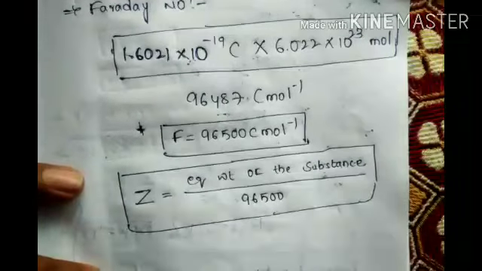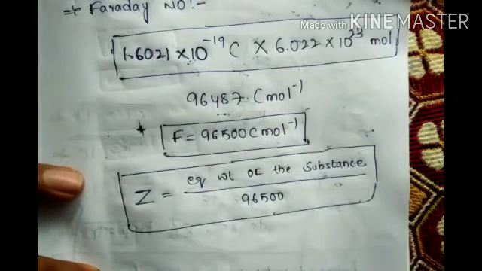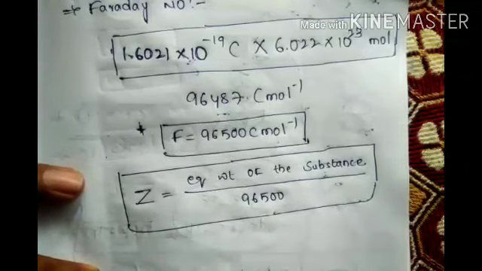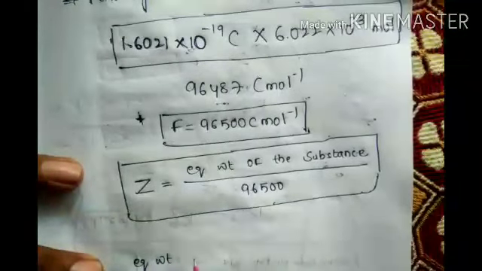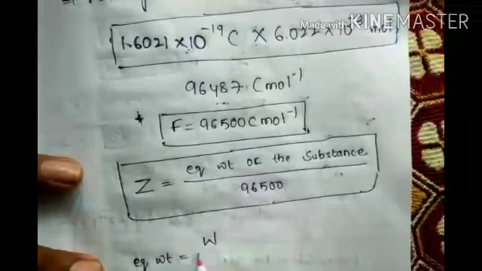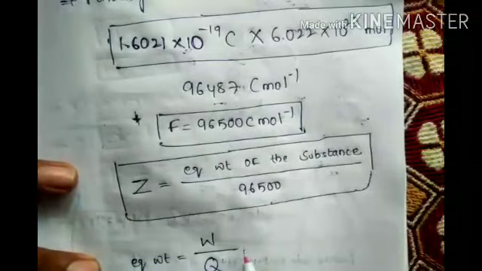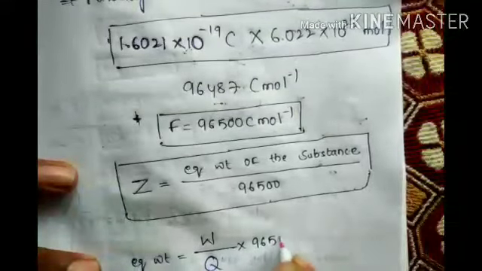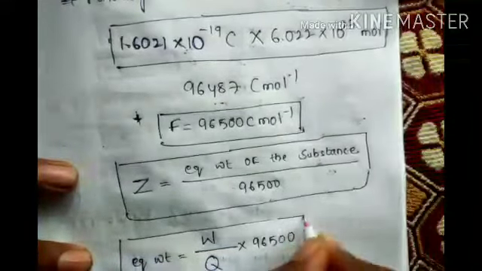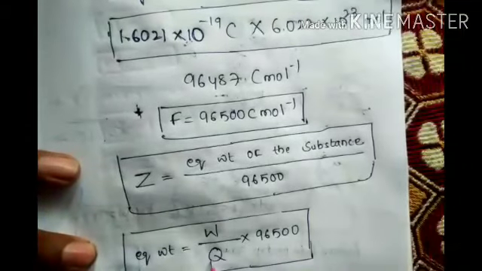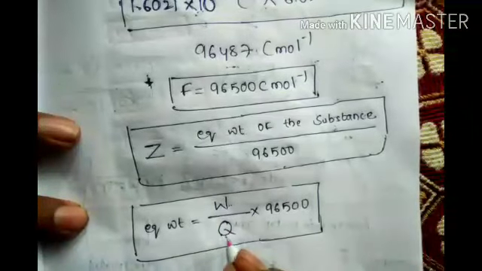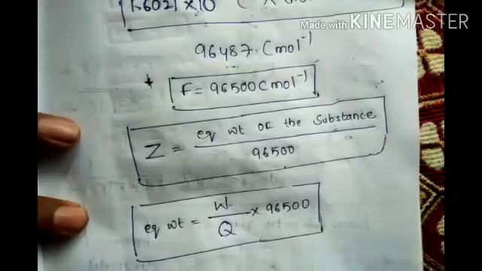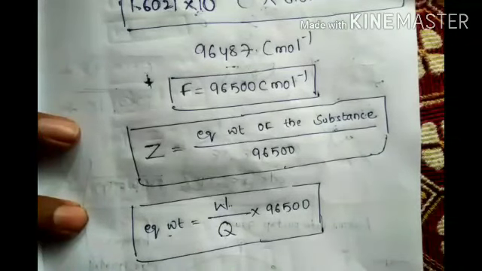And how to calculate equivalent weight? Equivalent weight equals W by Q into 96500. Remember this also. Q is the quantity of electricity, W is how much substance is deposited, into Faraday, then the equivalent weight will come.